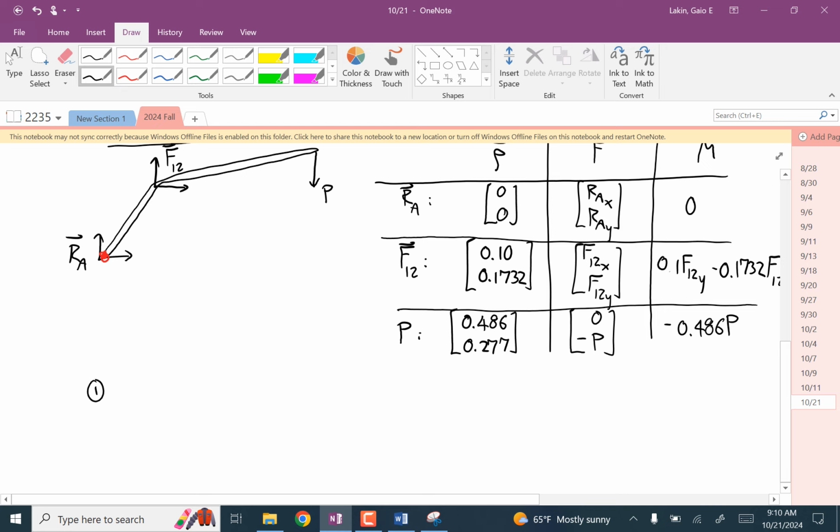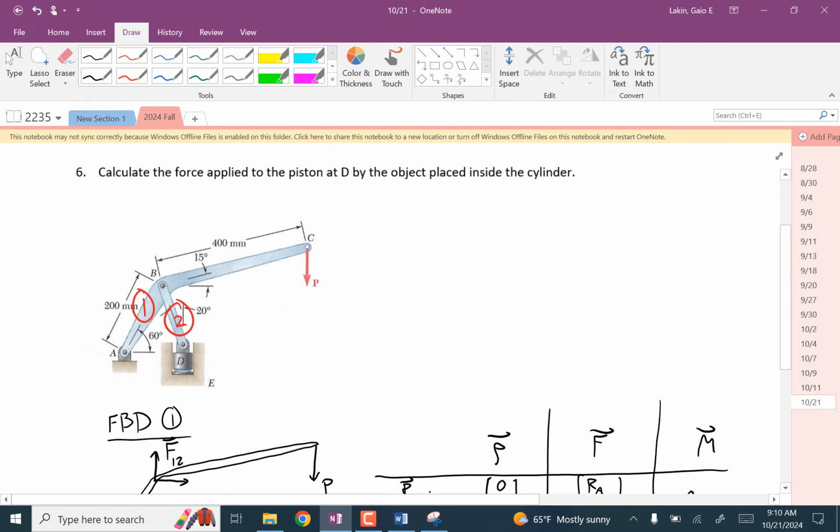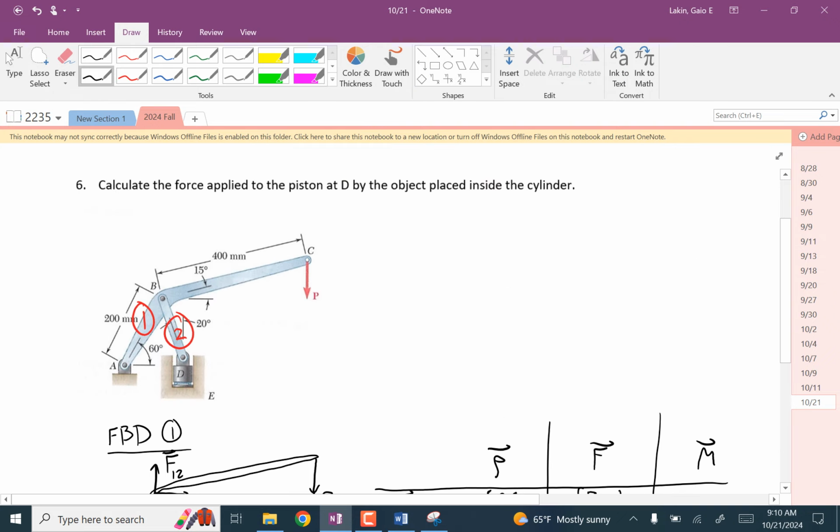So Newton's second law says RAX plus F12x is equal to 0. RAY plus F12y is equal to negative P. It looks like we're assuming, yeah, so we're going to get our answers in terms of this force P. Okay.